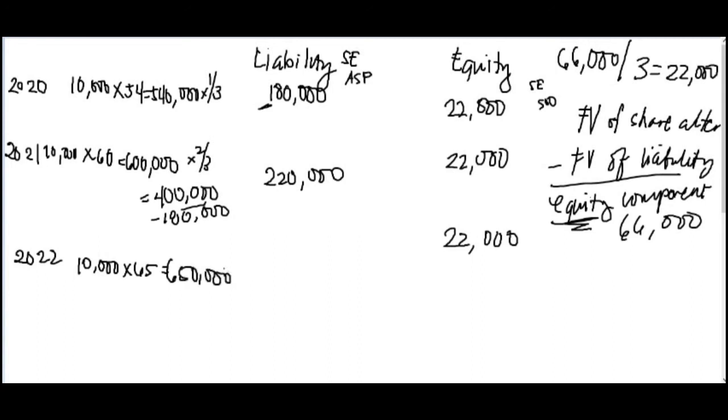Okay? Then, deduct mo ulit, 180 minus 220, pahirapan mo pa sarili mo, ito na lang cumulative na 400, minus 400,000, lalabas, ang iyong for the current year is 250,000. Okay? So, tapos ka na. Your liability and equity components are already settled.